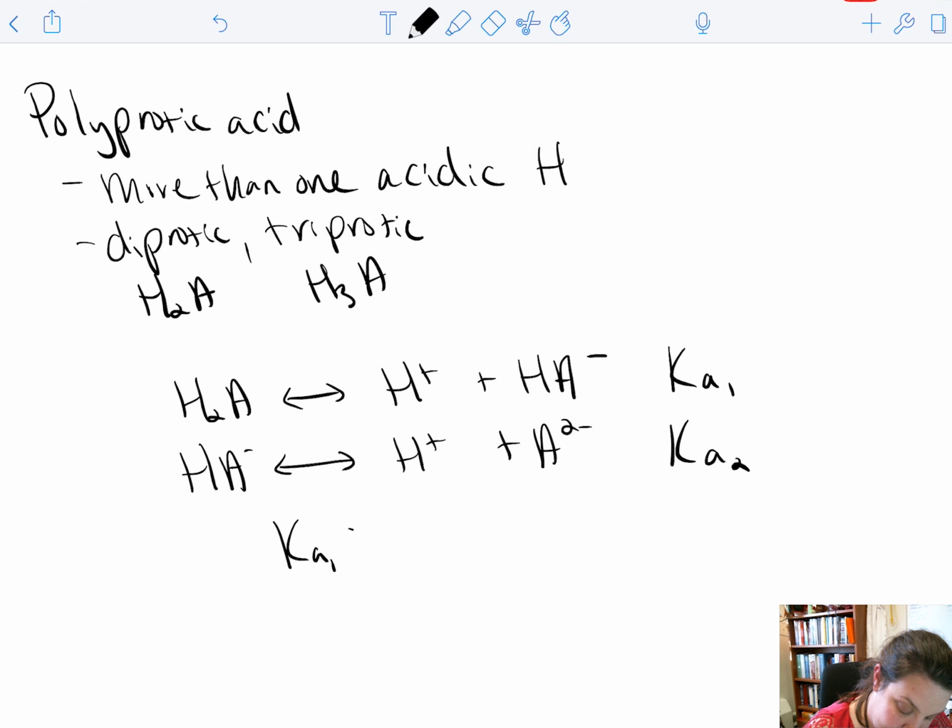So you can kind of ignore the dissociation of the second one and use Ka1 to determine your pH.